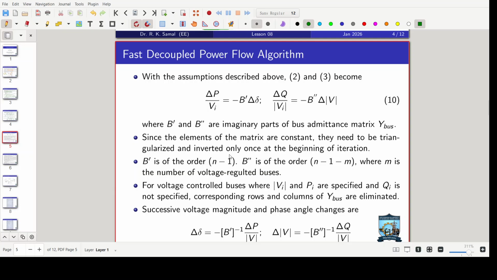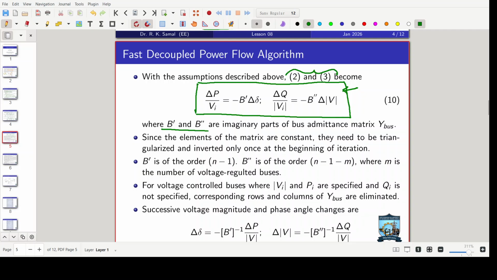So, with the assumptions as above, our original decoupled equations, these 2 and 3, become simply delta P by Vi equals B dash delta delta, and delta Q by Vi equals B double dash delta V. This is the final expression as obtained from the Hadi Saadat book.